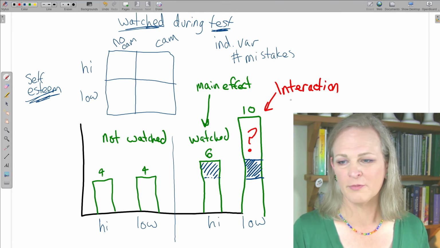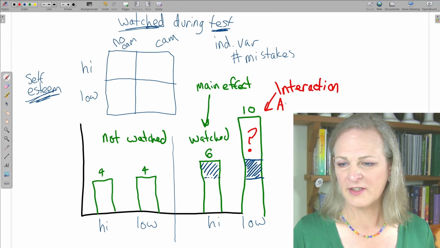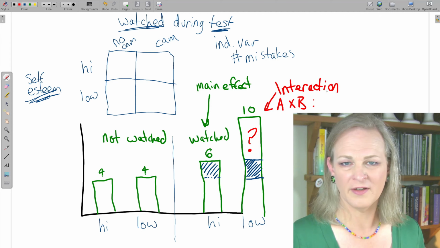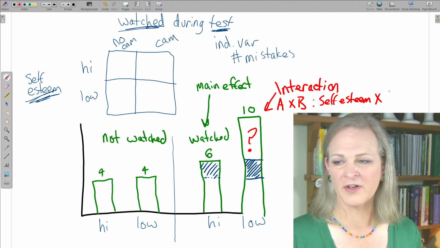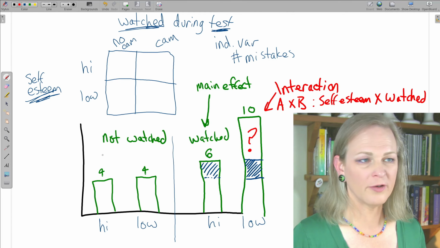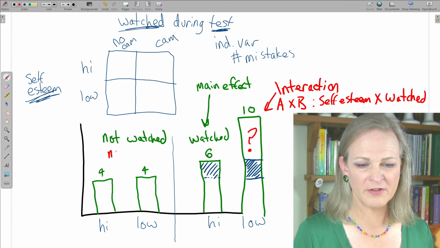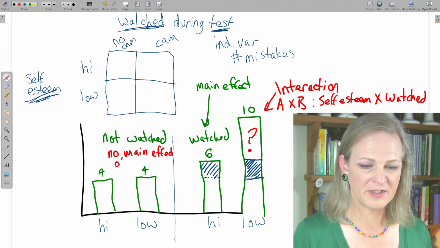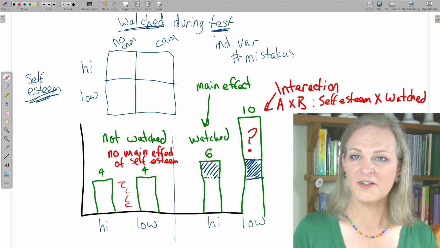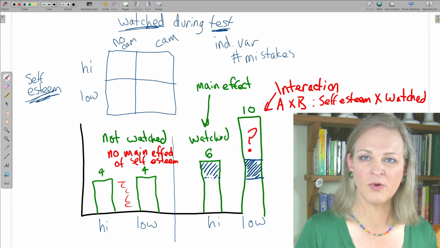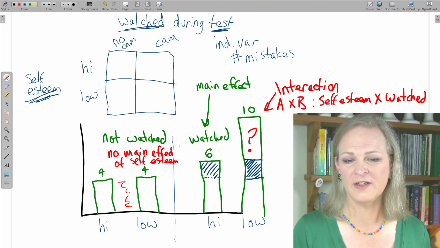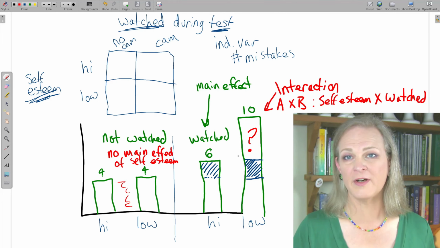And we write this up as generically A cross B, or in this case, self-esteem cross watched. And one more thing, there is no main effect of self-esteem because these both did the same before being watched. So we found a main effect of being watched, no main effect of self-esteem, but we did find an interaction between the two. So those can vary independently.